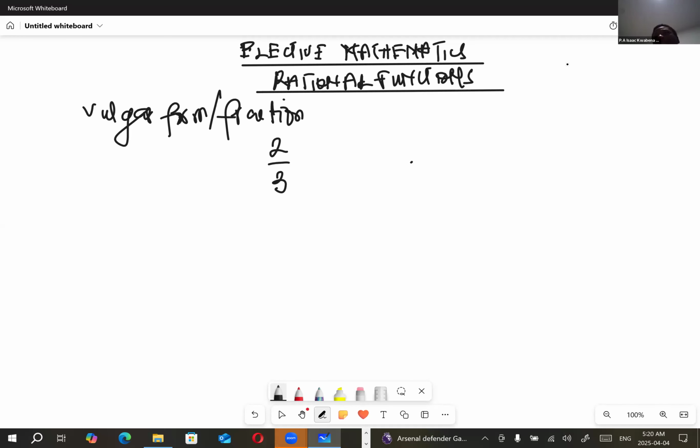Now, because we are doing advanced mathematics, we will be getting expressions with variables. So that's why we are using the term functions. So you would be getting other examples such as 3x plus 2 all over 5x squared plus 6.